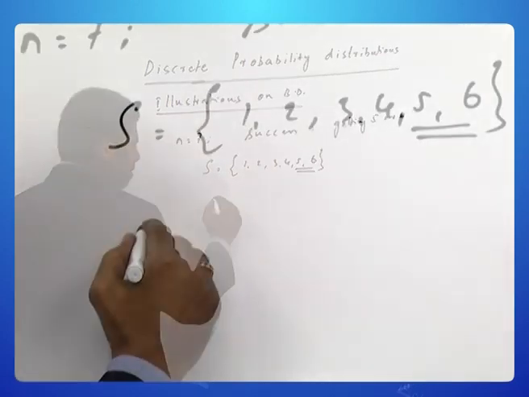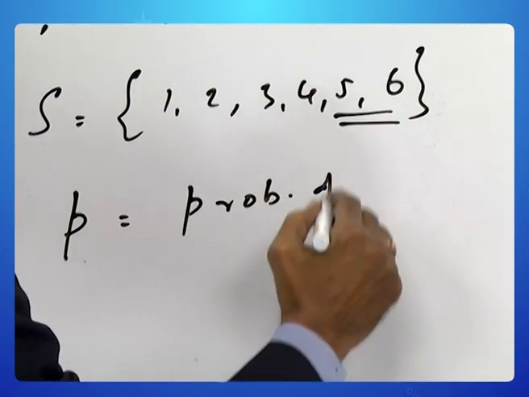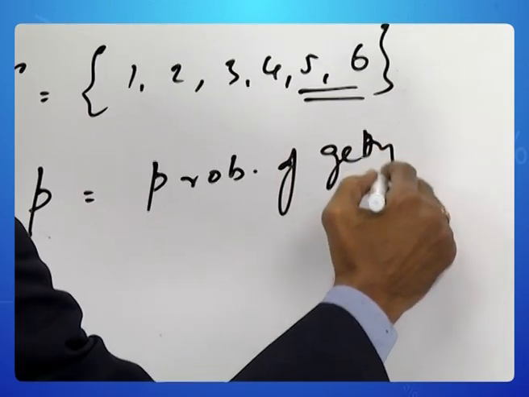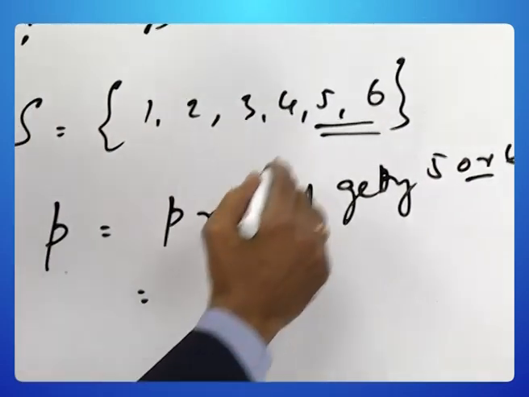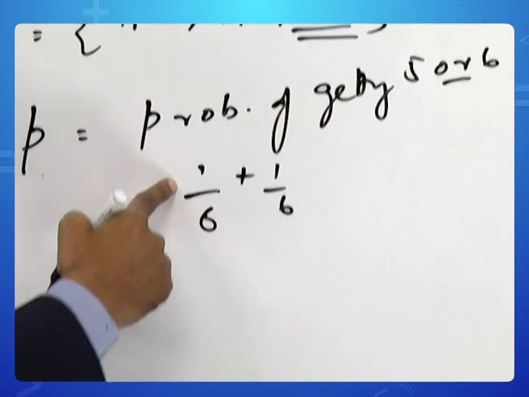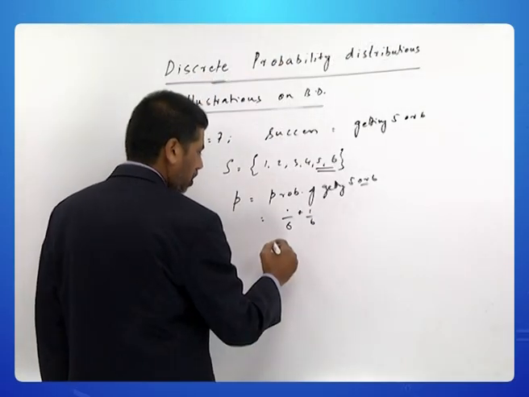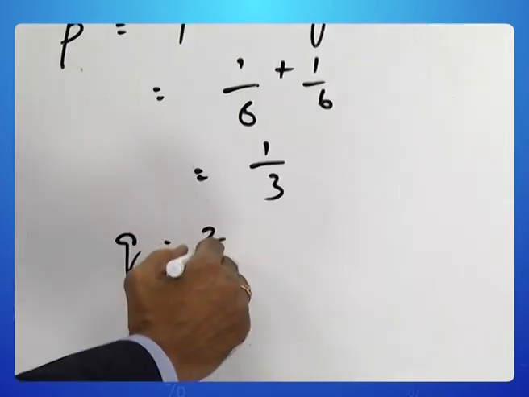So, p is the probability of getting 5 or 6. This value will be 1 by 6 plus 1 by 6, because 5 has a probability 1 by 6, 6 also has a probability 1 by 6. So this will be 1 by 3, which makes q is equal to 2 by 3.